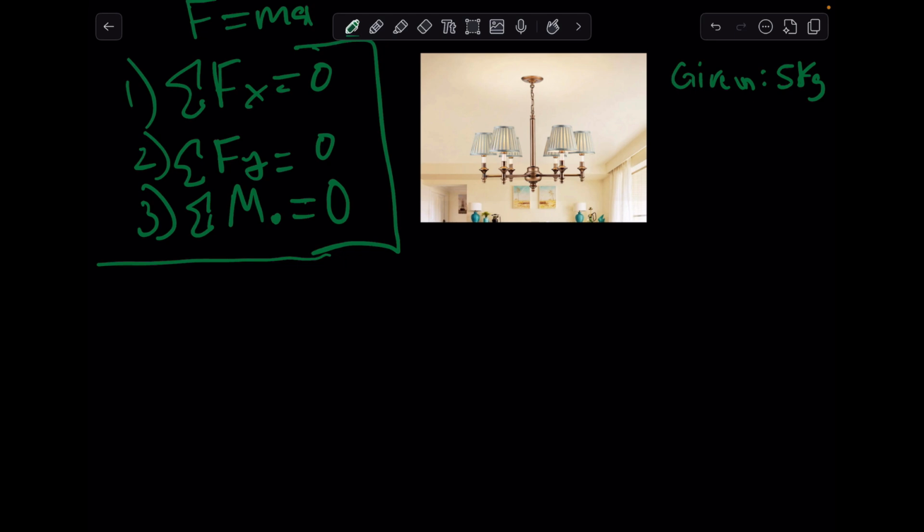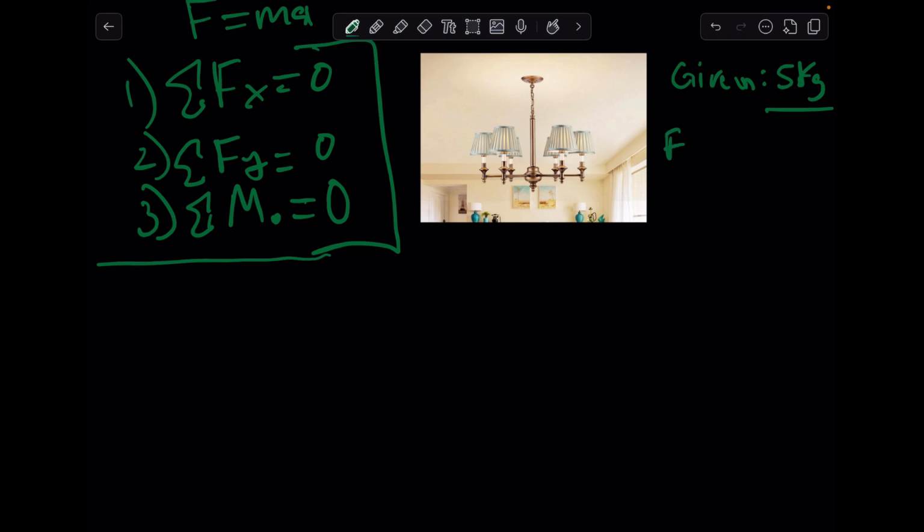Then let's try to find out the forces acting on this chandelier, and the force acting on this particle, which in this case, the chandelier, will be our particle, right? We have to understand first that kg is not a measurement of force, it's a measurement of mass, right? So we need to turn the 5 kg into a force.